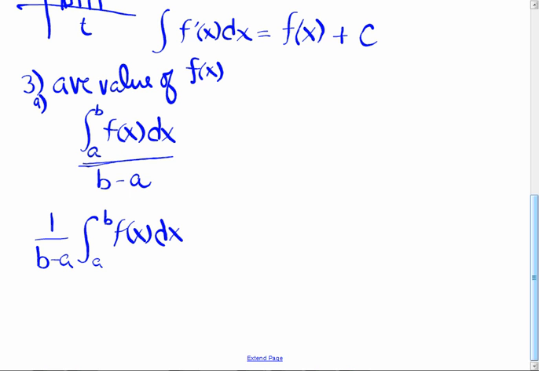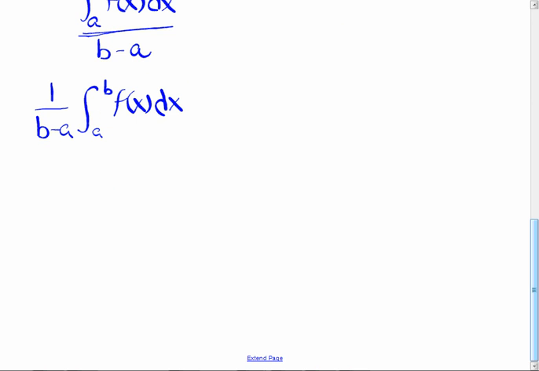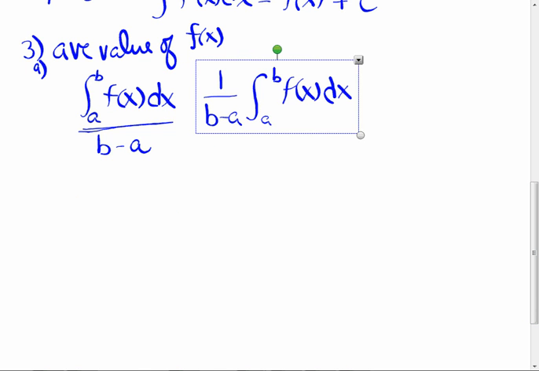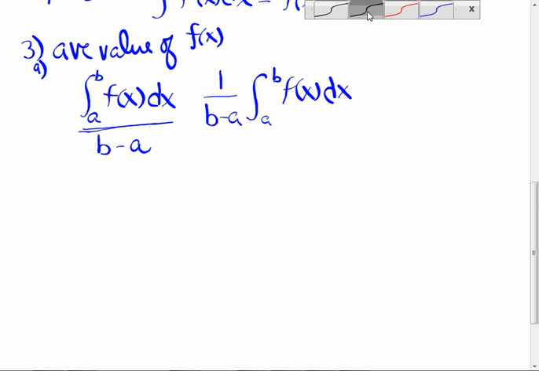Good question. What is this? If we take capital F as any antiderivative of little f of x, what's the antiderivative of little f of x? Big F of x, right? Evaluated at b minus F of a.